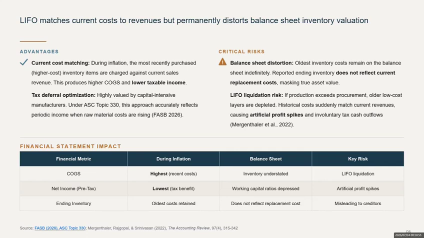And more importantly, it poses liquidation risk. When procurement volume falls below sales volume, long-standing low-cost inventory is depleted, causing old costs to suddenly match current revenues, and resulting in artificial profit surges and unexpected one-time tax liabilities that disrupt cash flow planning.